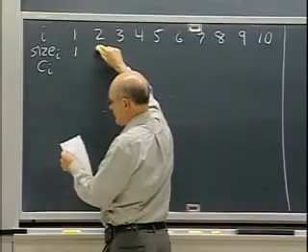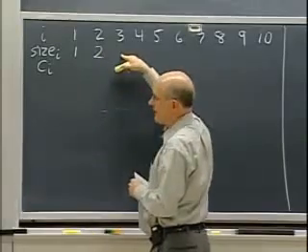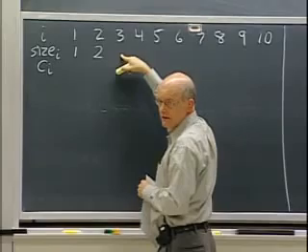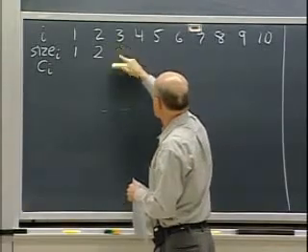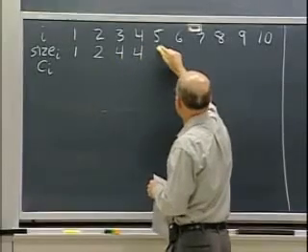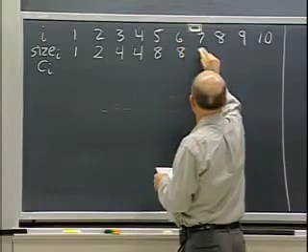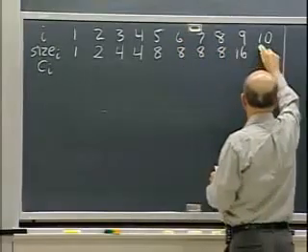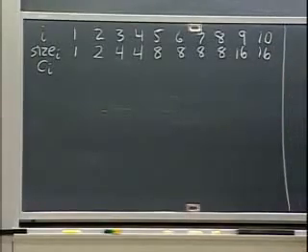At step 2 it was 2. At step 3, to get 3 in the table we had to double the size, so this is 4. Then 4 it fit, and then 5 it had to bump up to 8. Then 6, 7, 8 it was 8, and 9 it bumps up to 16, 16, etc. Okay, so that's the size.